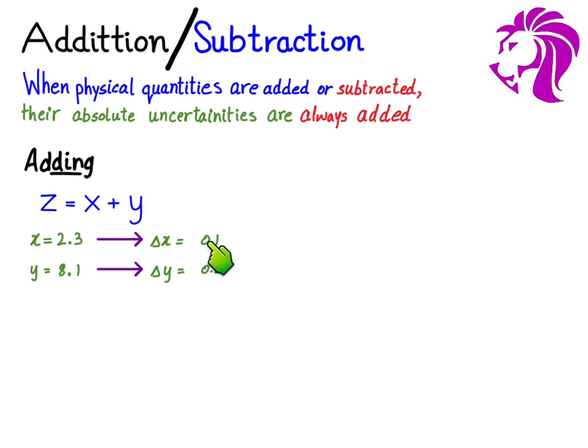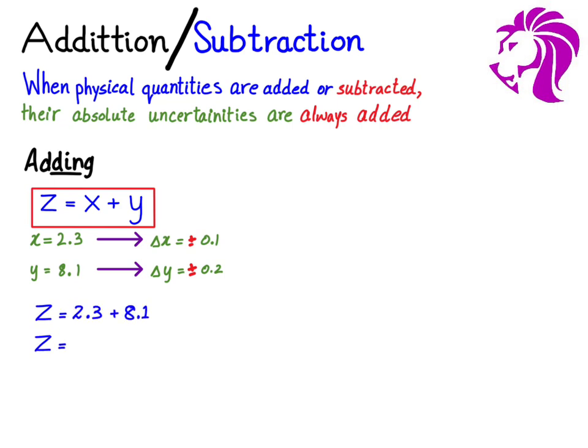So z is always calculated by using x plus y, right? So z will be 2.3 plus 8.1, so that will make it 10.4. You have added the two physical quantities x and y together, and you have got your answer as 10.4.